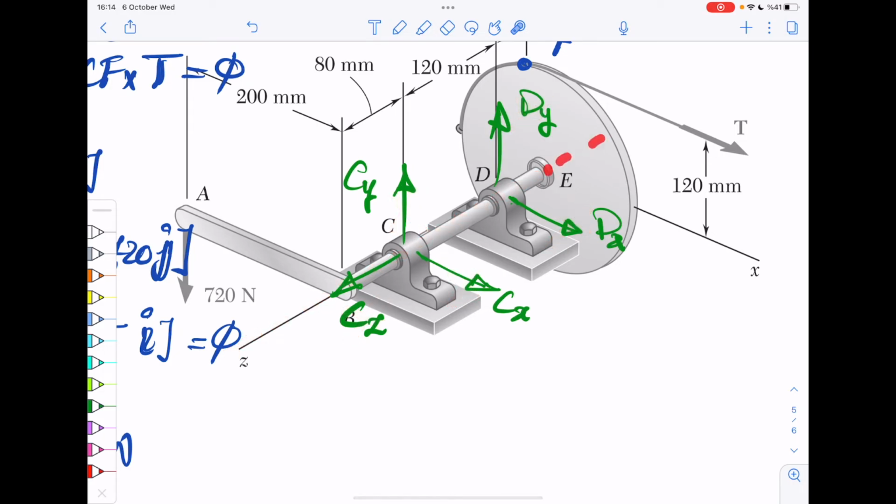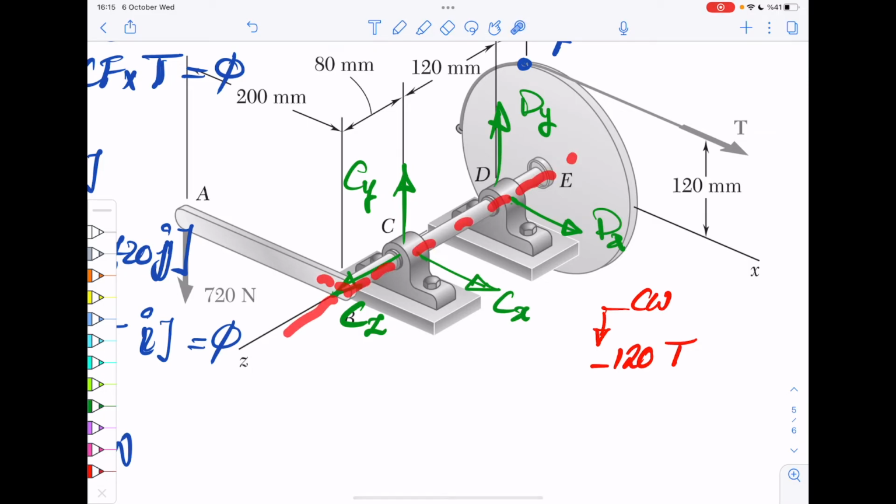So with respect to this axis, the perpendicular distance of this tension is 120 millimeters. So you get a clockwise moment due to this, right? So you get something which looks like minus 120 T. I put minus to emphasize it's clockwise.